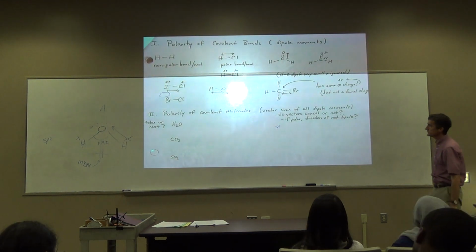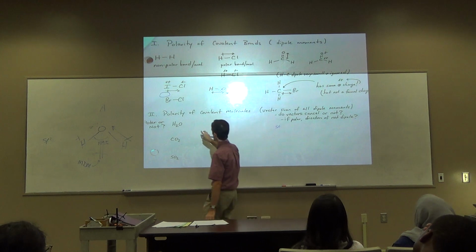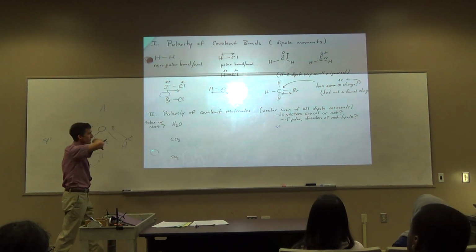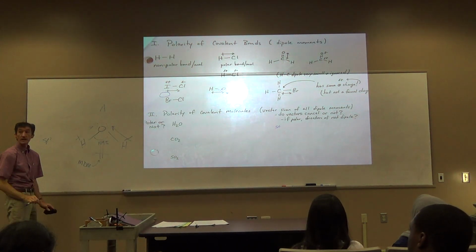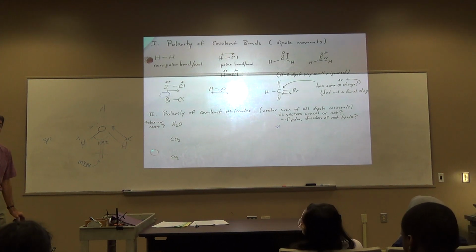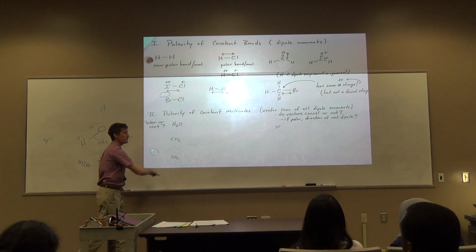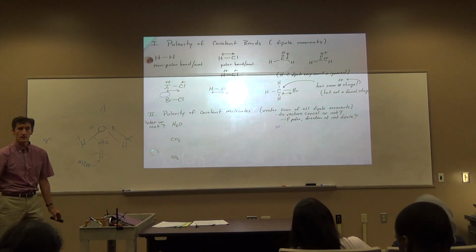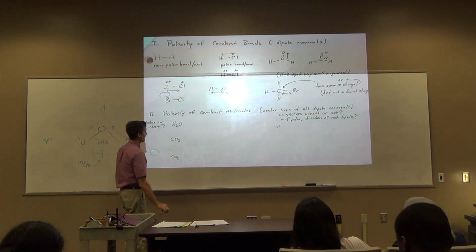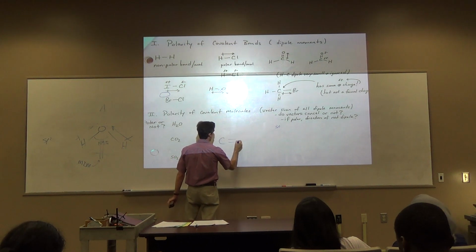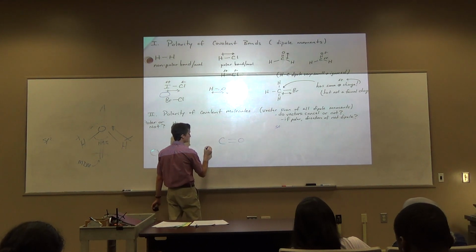Covalent molecules, vector sum. We've already done water. We did water above. Okay. What about CO2? You're going to have to put together a structure. Hopefully you can put together a structure, CO2, with carbon being the central atom. It's the most typical structure. I'll draw a structure here.